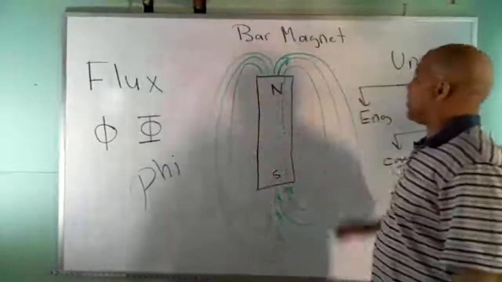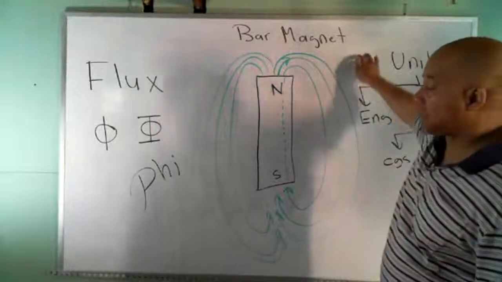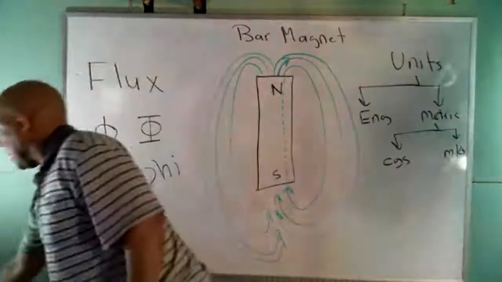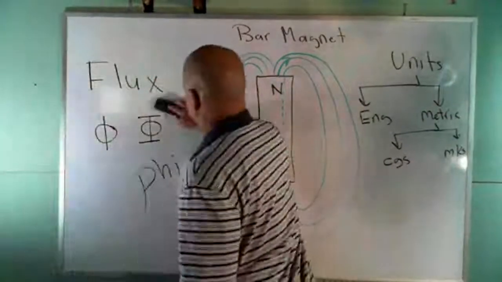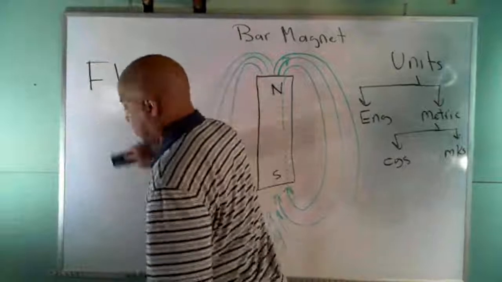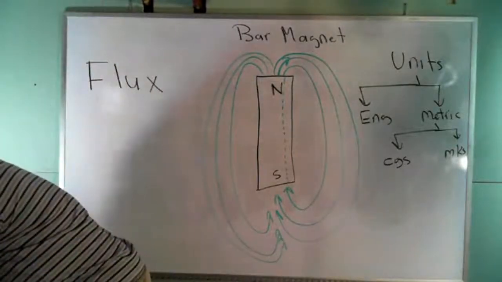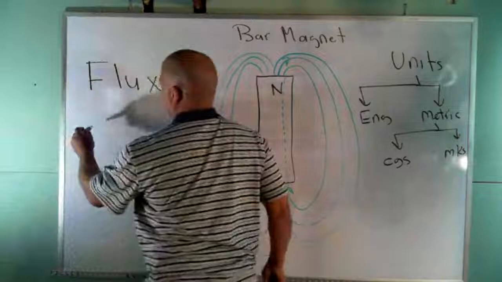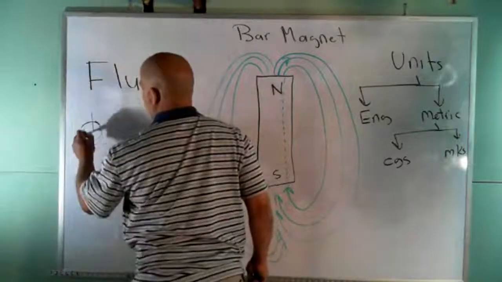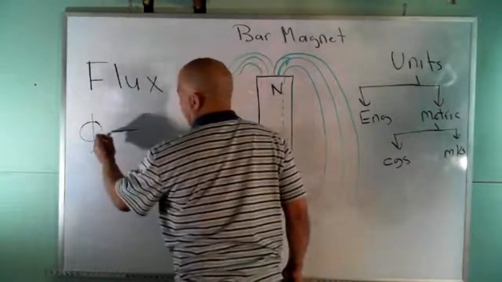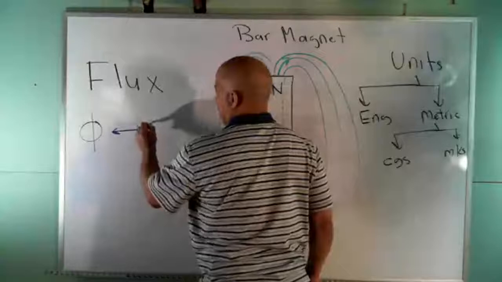So now I'm going to talk about the unit of flux. Well, one unit is called a Maxwell. So I can have my flux symbol, phi, and the unit for that, one unit is a Maxwell.